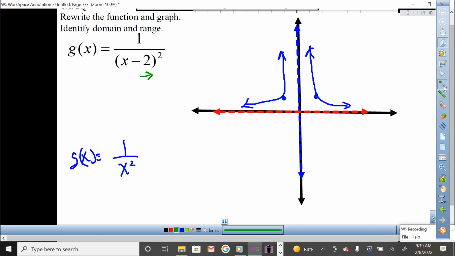So, check this out. That means this asymptote stays the same. That means I need a new asymptote at what? At 2. Let me do that in green so we know it's a different one.